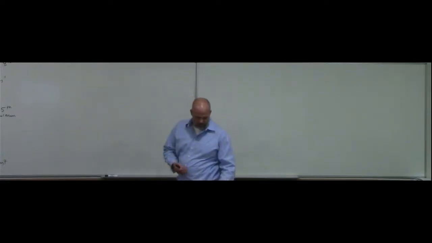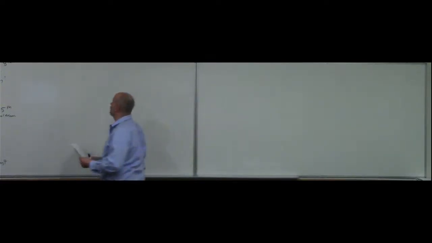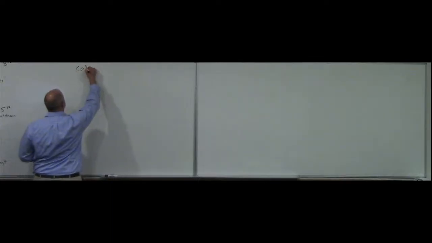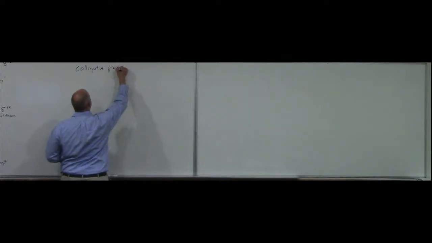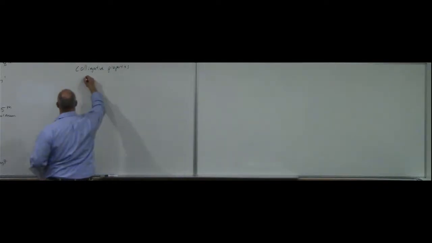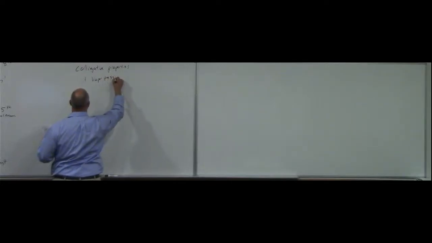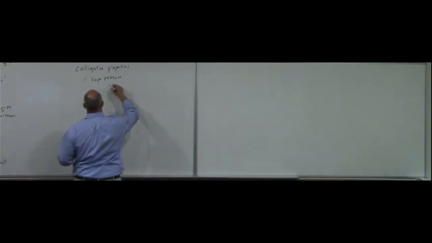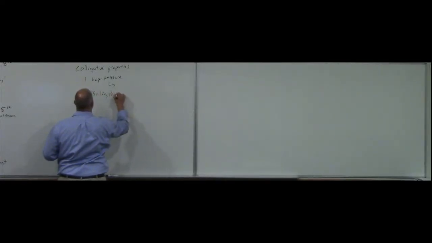The big thing with vapor pressure lowering is it is one of these colligative properties, right? Some of the most important ones, and the ones we'll be looking at today, are vapor pressure, boiling point, and freezing point depression.